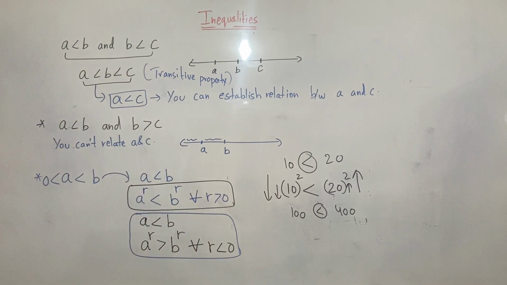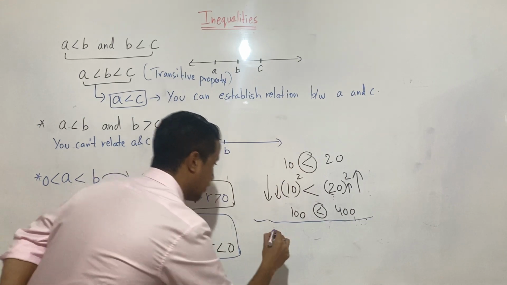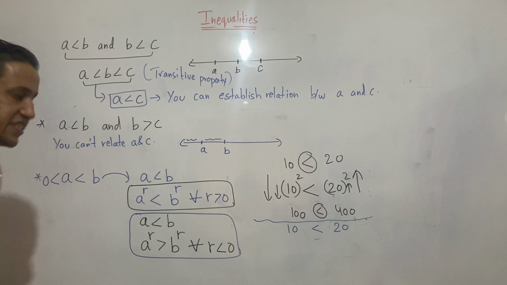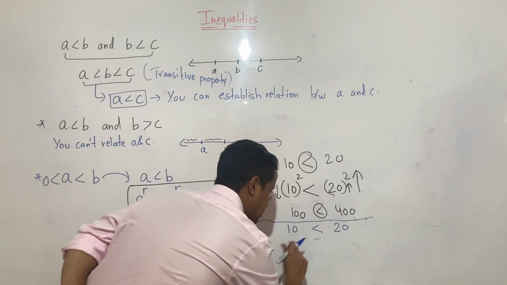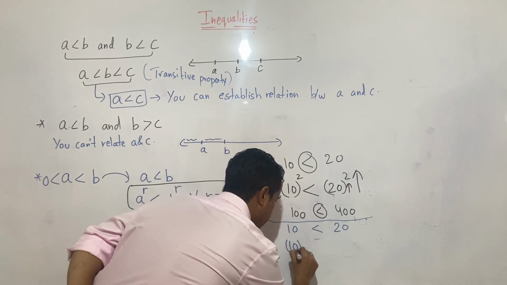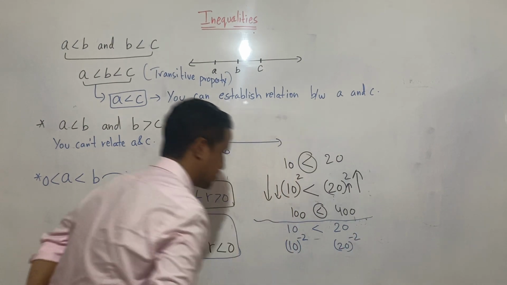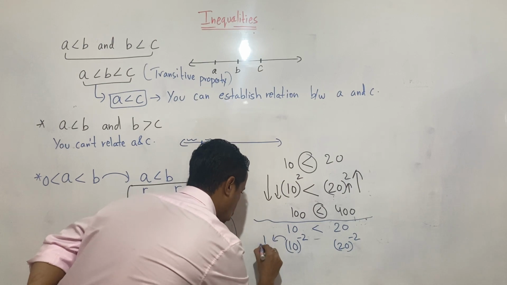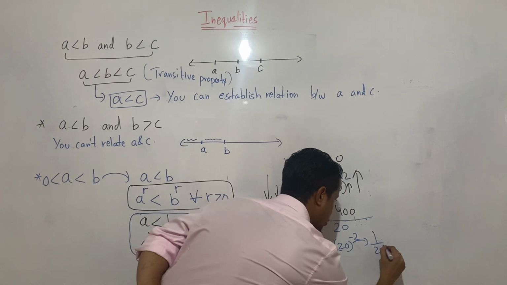Okay, let's try to understand it with an example. Again we'll take the same example. Here we have 10, here we have 20. Obviously 10 is less than 20. Now I will raise both the bases to the power minus 2. So what does it mean? This can be written as 1 by 10 squared, and this can be written as 1 by 20 squared.